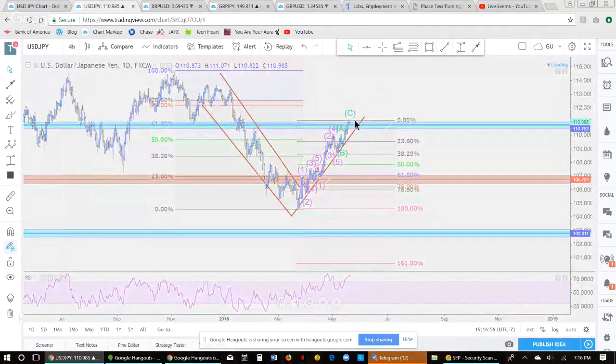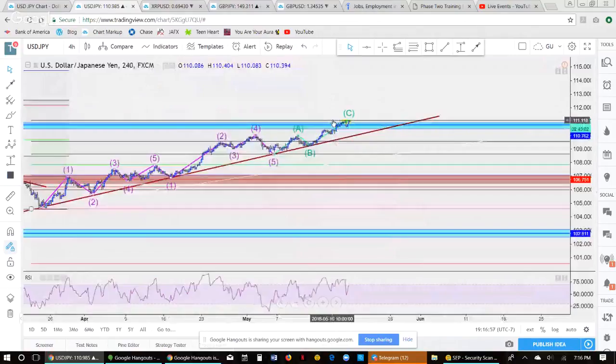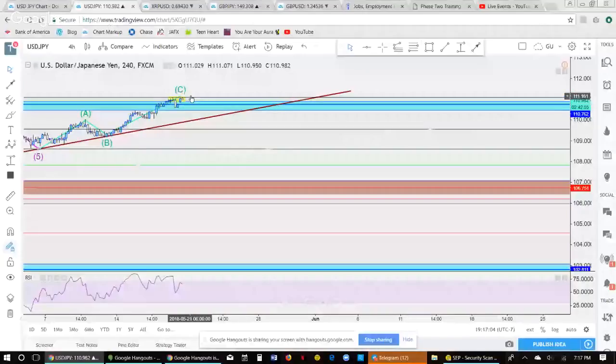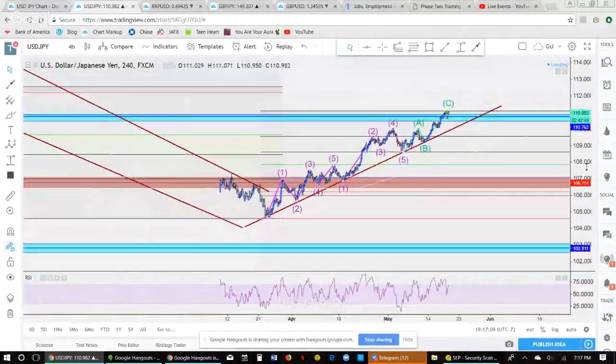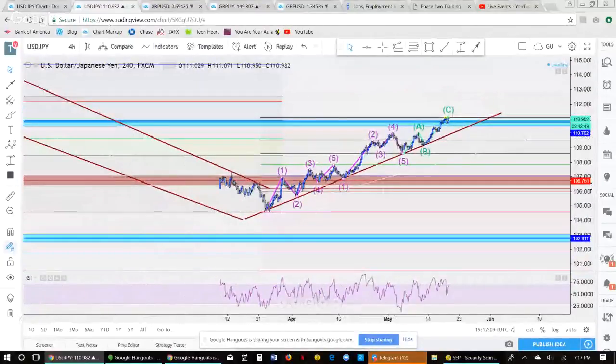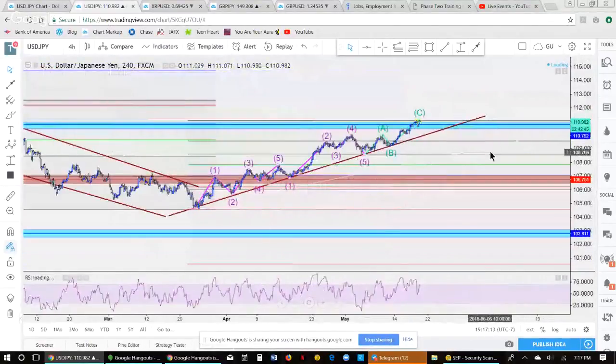So this is just me saying, oh, believe UJ, if it doesn't break this supply zone, in fact, if it breaks this supply zone, then obviously we still have a little ways to go up.